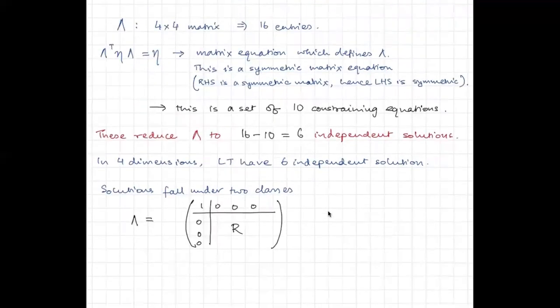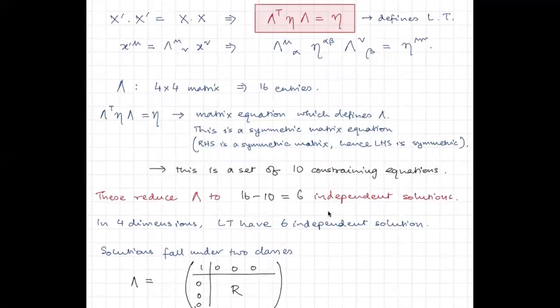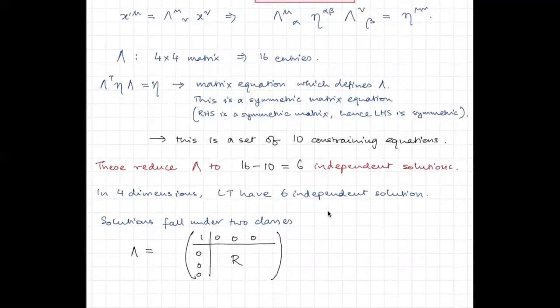If you go back to the defining relation here, and if you plug this in, it is easy to see that what actually comes out of this is R transpose R equal to identity.